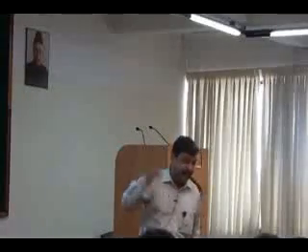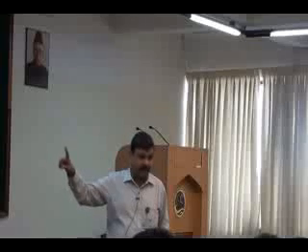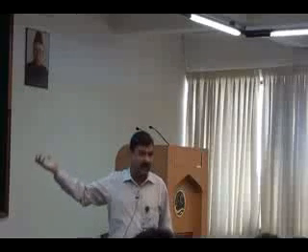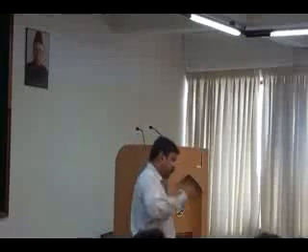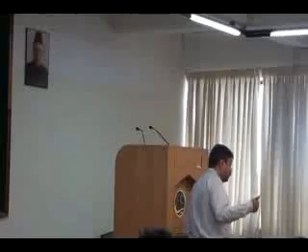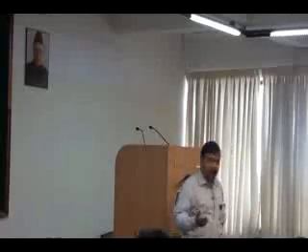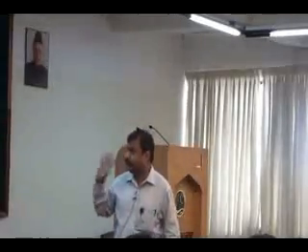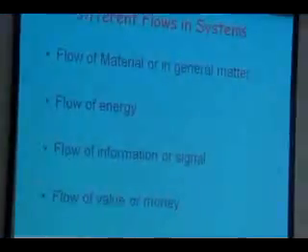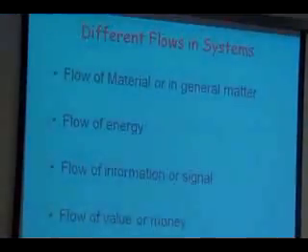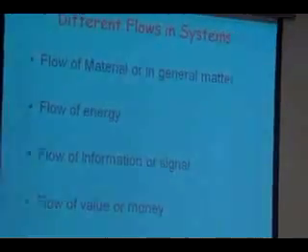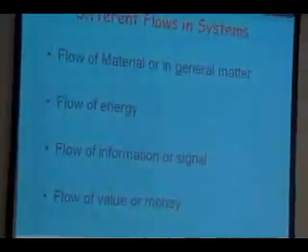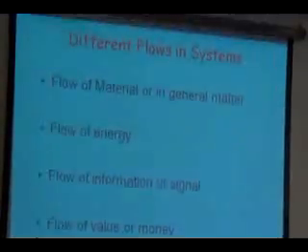So there is an energy-mass conversion taking place within the system. Part of the mass is converted into energy. Now, let me go back. Yes. The flow of material or matter and the flow of energy take place across systems. The flow of information or signal takes place across the system.